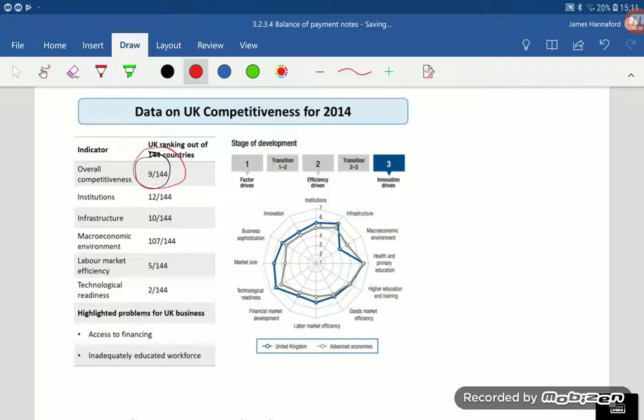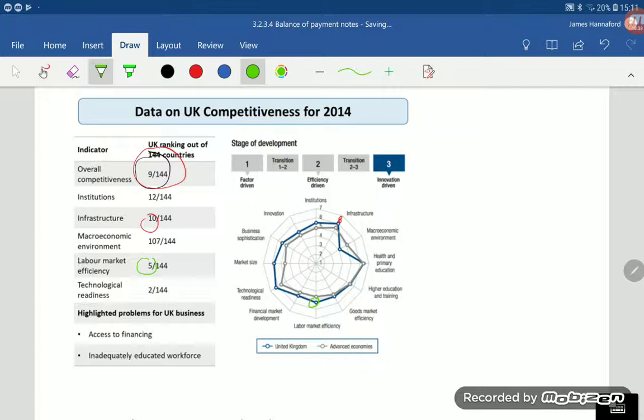You can see from the diagram, the spider web here, that the UK has particularly good infrastructure. So we were 10th out of that. You can also see that we were particularly good at labour market efficiency. So we move workers between jobs particularly well, and the workers are relatively skilled at that.